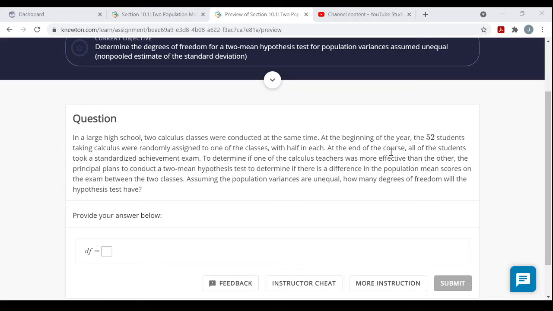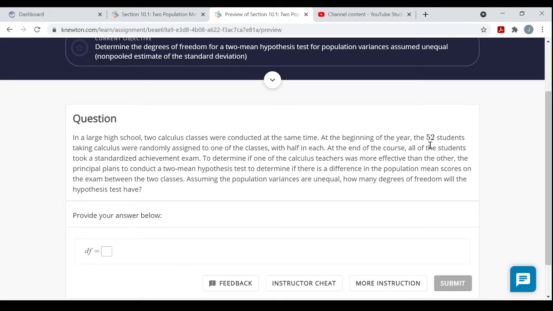At the end of the course, all of the students took a standardized achievement exam. To determine if one of the calculus teachers was more effective than the other, the principal plans to conduct a two-mean hypothesis test to determine if there is a difference in population mean scores on the exam between the two classes. Assuming the population variances are unequal, and that's why it's a non-pooled test, how many degrees of freedom will the hypothesis test have?